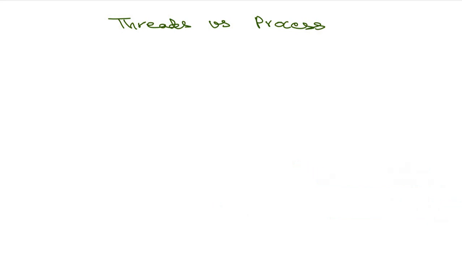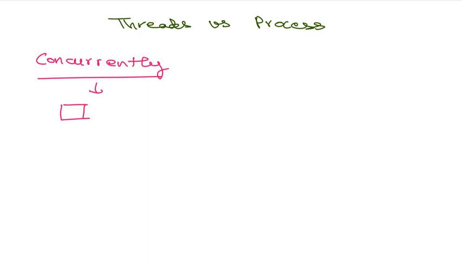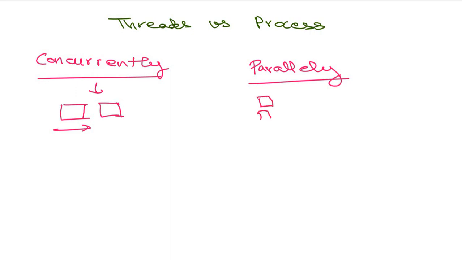Basically, in concurrently, when one process or thread is finished, then immediately we start another one, and they have assigned time slots in which they run. And in parallelly, a lot of processes or threads are running at the same time.